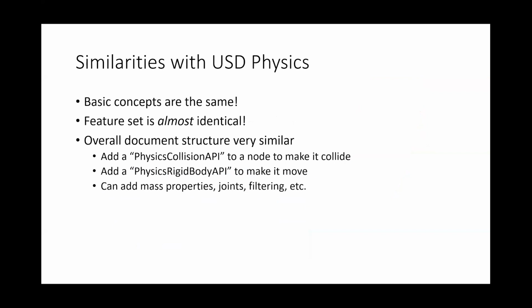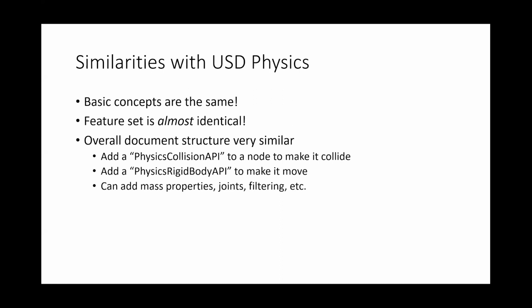So in comparison with USD physics, the basic concepts are the same. You won't be surprised to hear, because the fundamental rigid body tech is not changing that frequently. So the feature set is almost identical, and most of the differences come from the feature sets of the two file formats. So in USD physics, you add a physics collision API to a node to make it collide, which is equivalent to a static collider, and you add a physics rigid body API to allow it to move.